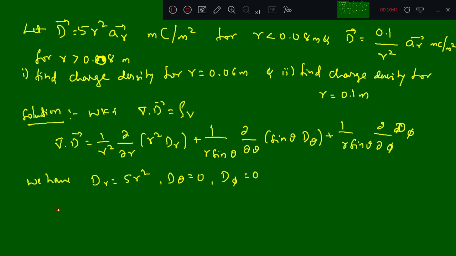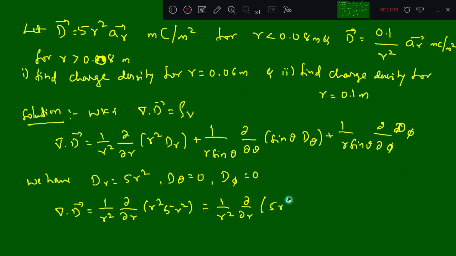So del dot D is nothing but 1 divided by r square d/dr of r square into 5 r square. Only this much remains. So this is 1 divided by r square d/dr of 5 r raised to 4.